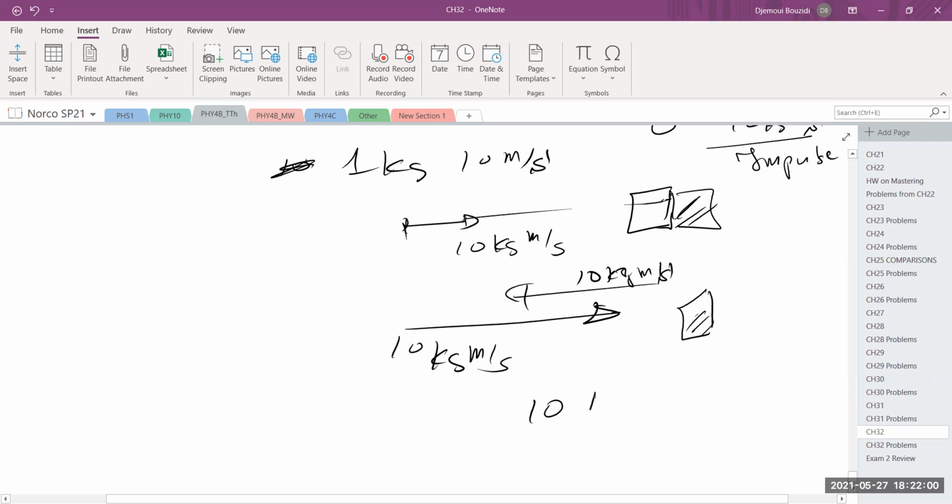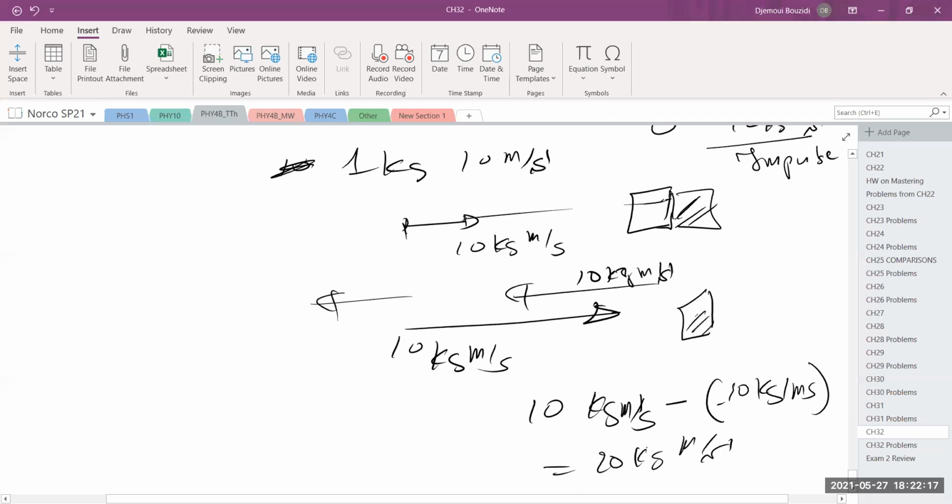So the final value is 10 kilogram meter per second in this direction, minus the first one, which was negative because it was in the opposite direction, minus 10 kilogram meter per second. So in this case, it's going to be 20 kilogram meter per second. So it's going to be twice as much. So the impulse is going to be twice as much for a perfectly reflecting material than for a perfectly absorbing material. Anywhere in between them is going to be anywhere between 1 and 2.